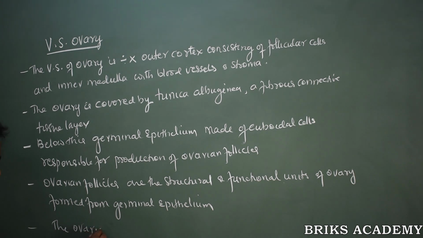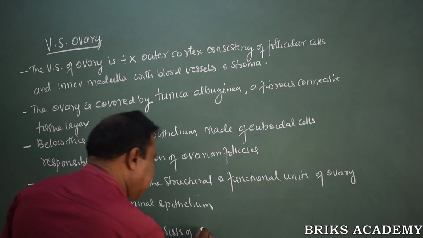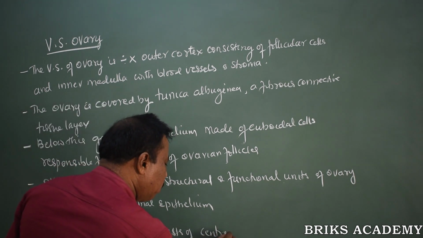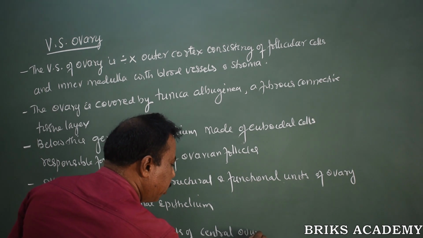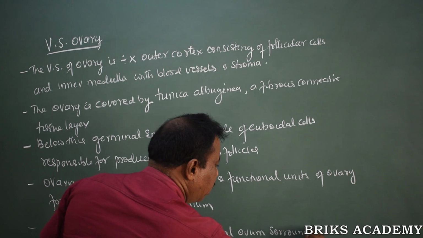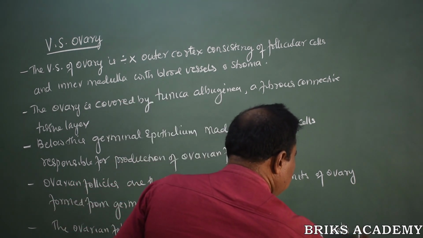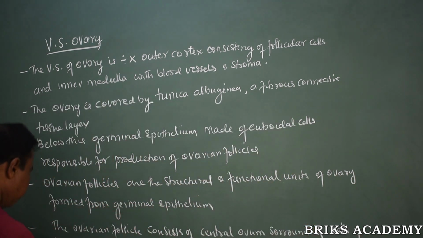The ovarian follicle consists of central ovum, surrounded by cells of membrana granulosa.